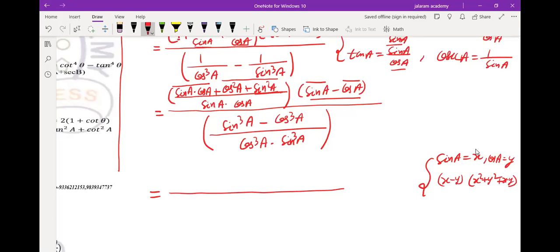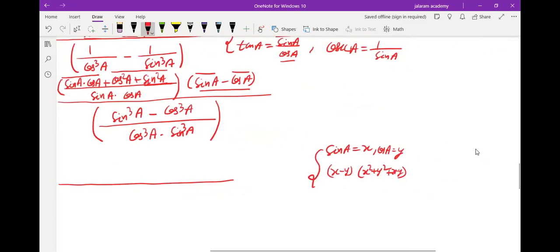So x minus y into x² plus y² plus xy. We know that this is the formula: x minus y into x² plus y² plus xy is x³ minus y³.